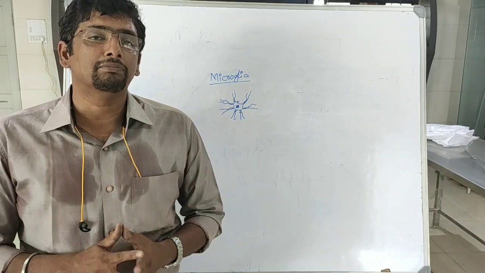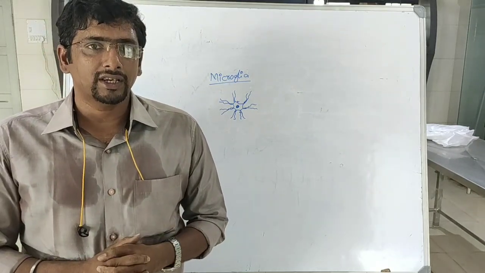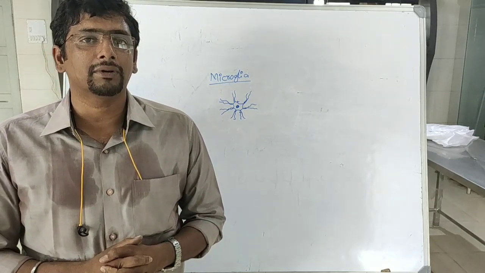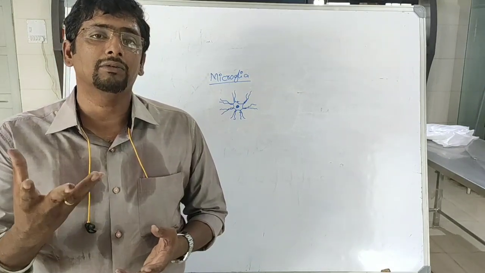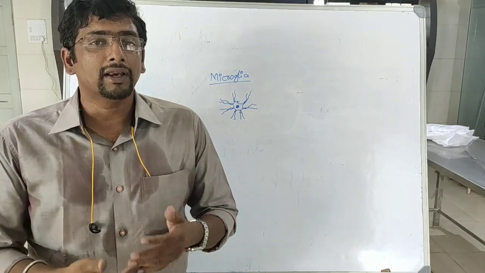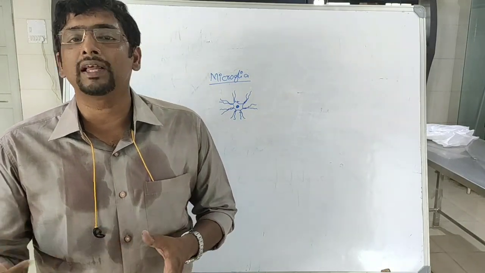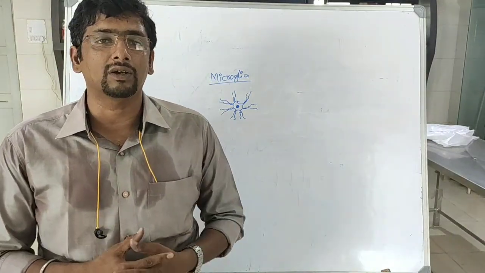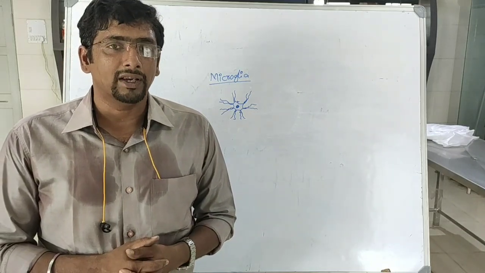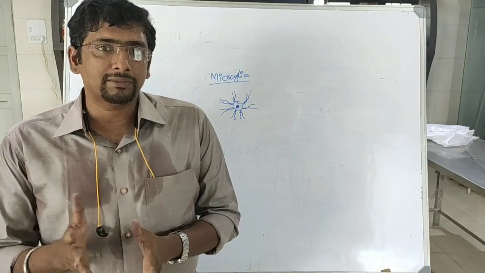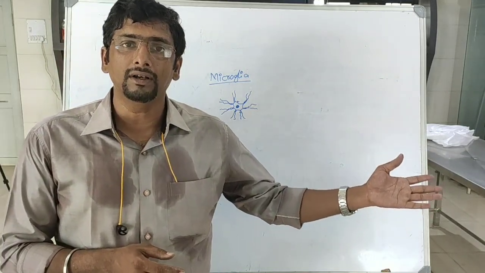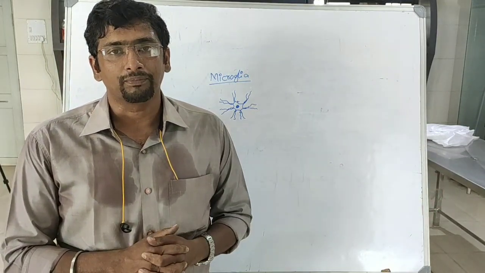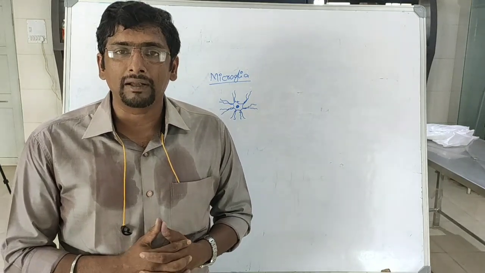They form the myelination around the CNS and protect the CNS from shock. A single oligodendrocyte can myelinate multiple axons, while Schwann cells cannot do that. So myelination of the CNS is done by oligodendrocytes, and myelination of the PNS is done by the Schwann cells.